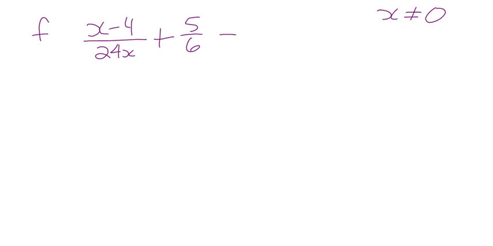What is our common denominator? 24x, right? 6 goes into 24. Remember, I'm going to enclose the numerator because it's a binomial, in what I'm going to call brackets but are parentheses. What do I do to the x minus 4 to get it over 24x? Nothing, it already is. What do I do with the 5?